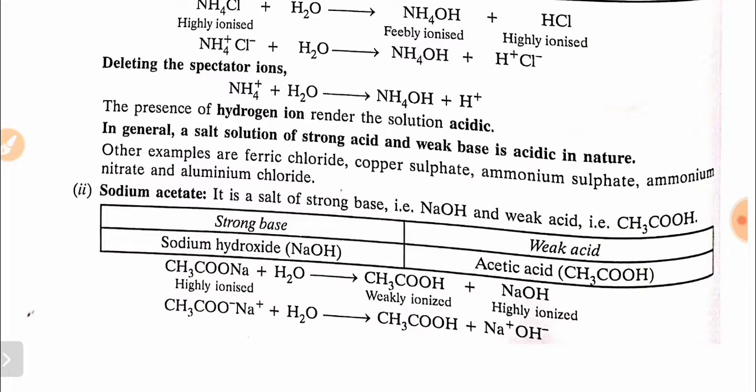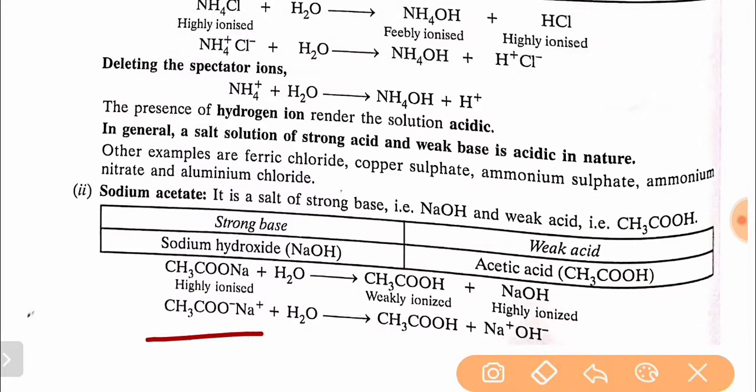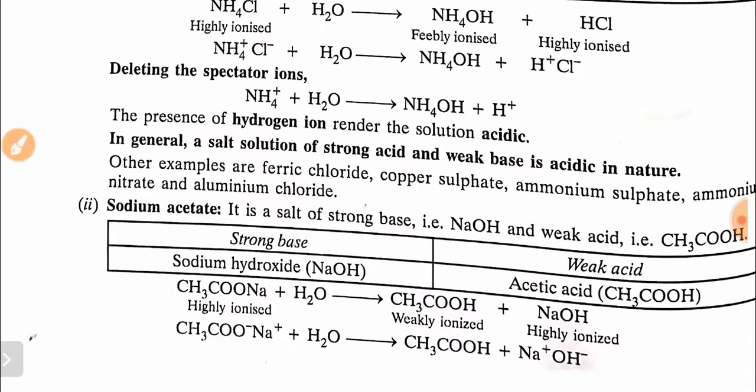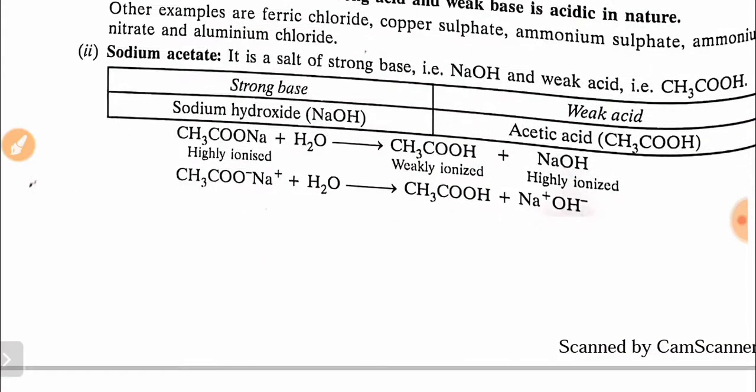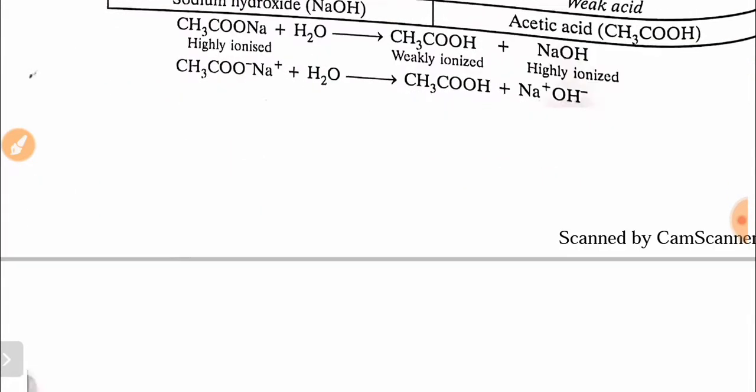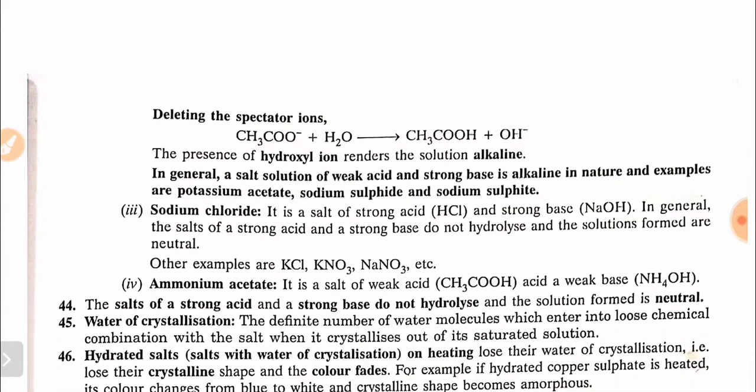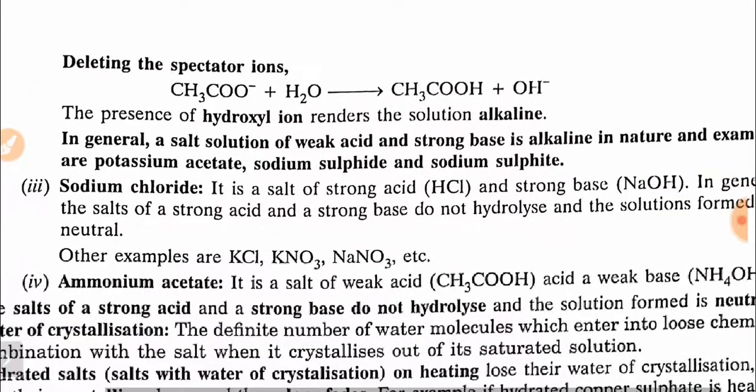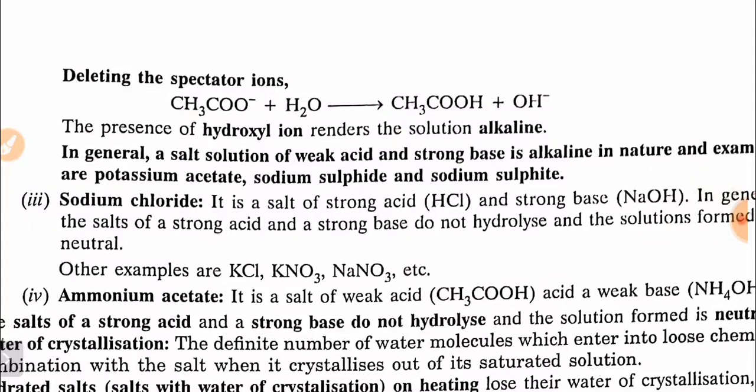The reaction in water is CH3COONa + H2O gives CH3COOH + Na+ + OH−. It means they dissociate into their ions. Deleting the spectator ions, CH3COO− + H2O gives CH3COOH + OH−. The presence of hydroxyl ion renders the solution alkaline.